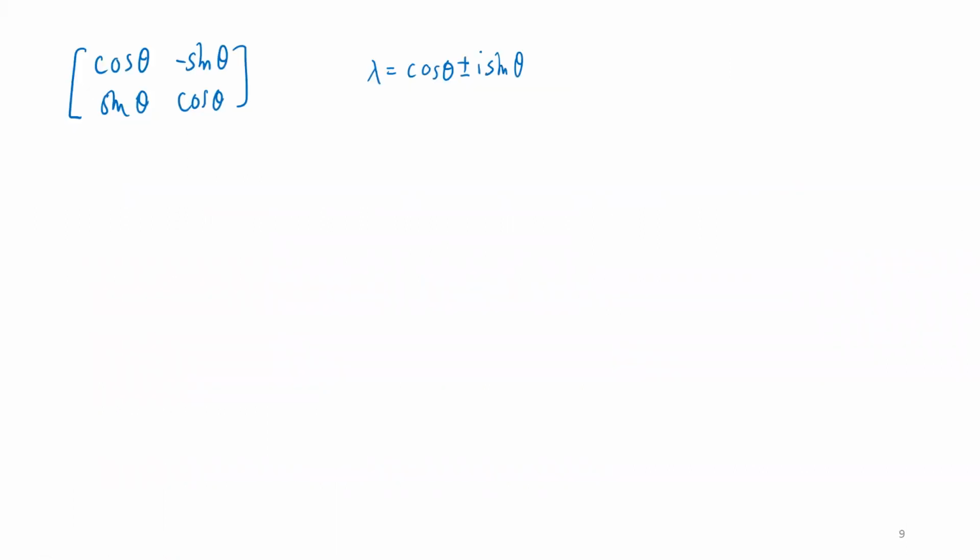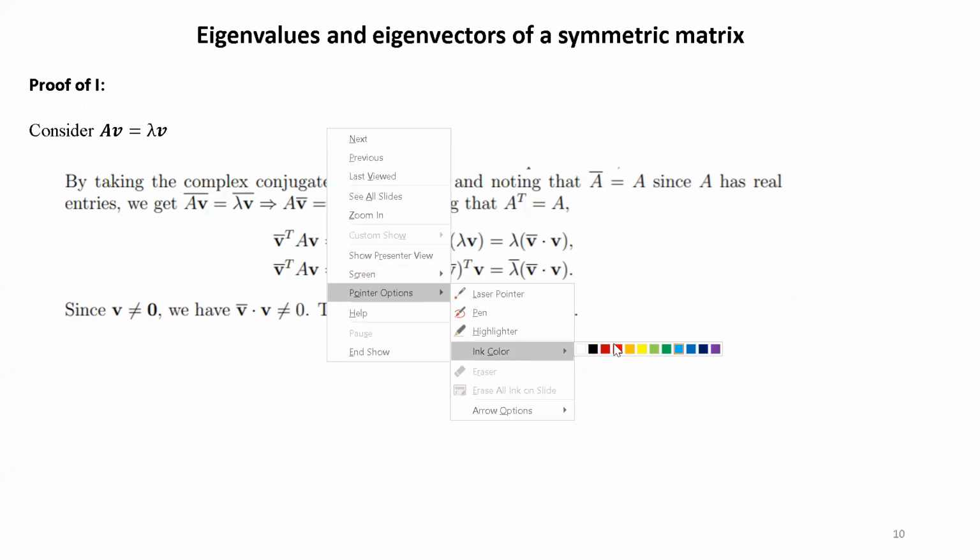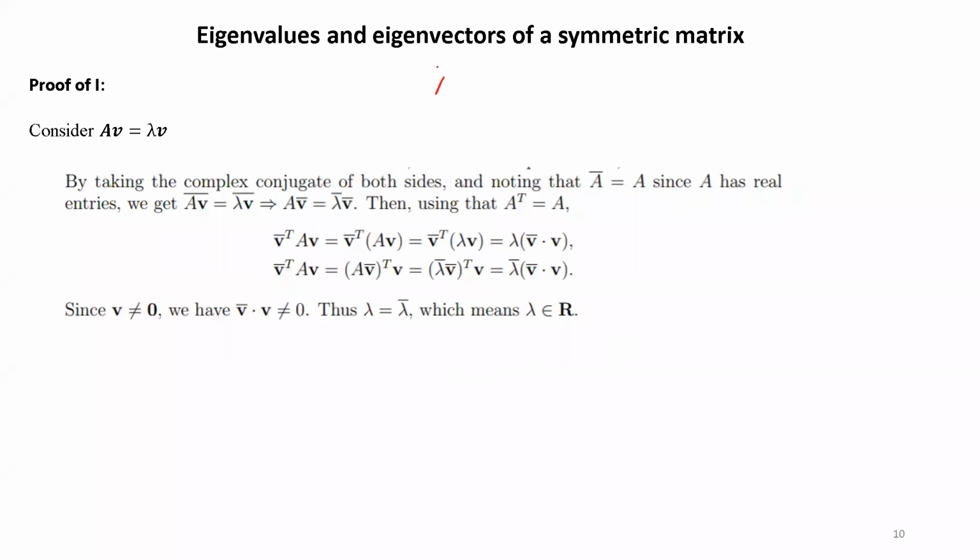The strategy we are going to use is to prove that whenever you have an eigenvalue lambda of the symmetric matrix, this lambda is equal to its own complex conjugate. If that is satisfied, then lambda must be a real number. The bar means the complex conjugate of a number.